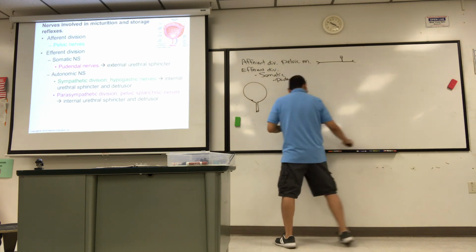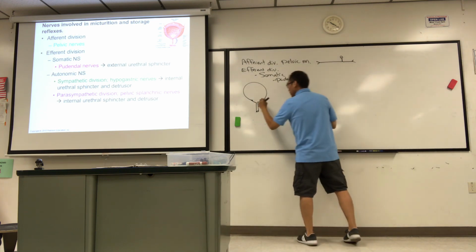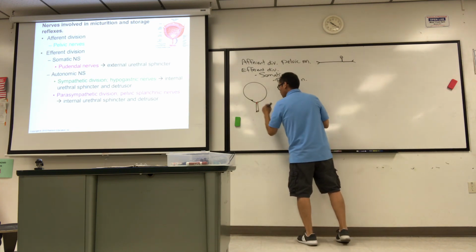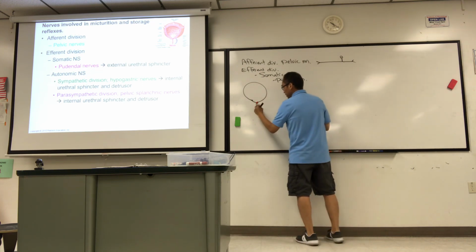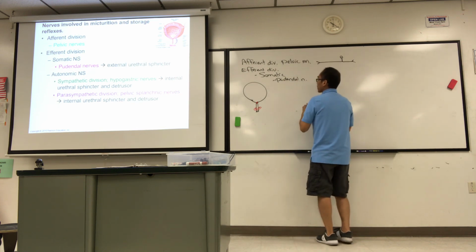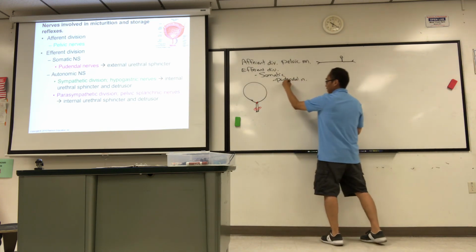There's my urethra. I drew the internal sphincter as just a little sphincter up top. So we're right around there. The external sphincter would just be down a little bit lower. So right around there. Because the pudendal nerve innervates that sphincter.